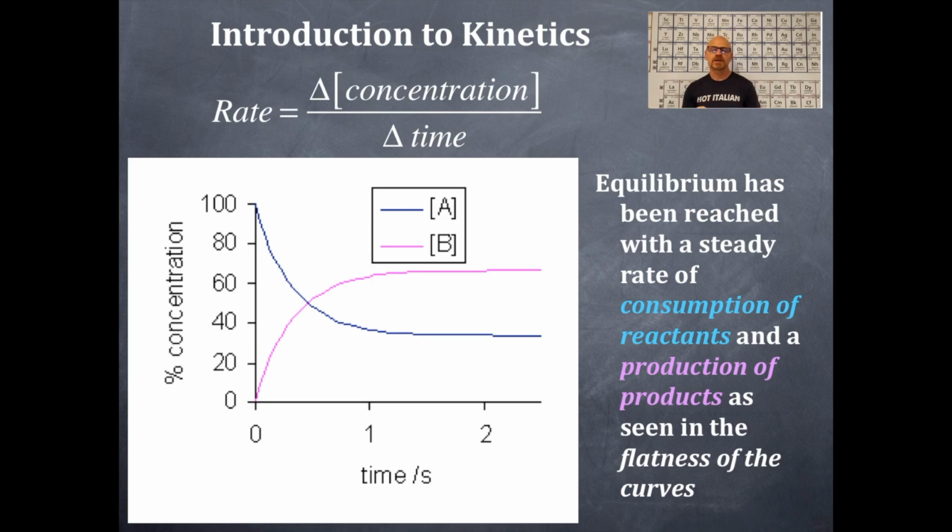Initially, the blue line is 100% and the purple line is 0%, because A are the reactants and B are the products. A little bit past 1 second in time, the two lines just level off. That's when equilibrium has been reached. Equilibrium has not been reached until those two lines are level with each other.